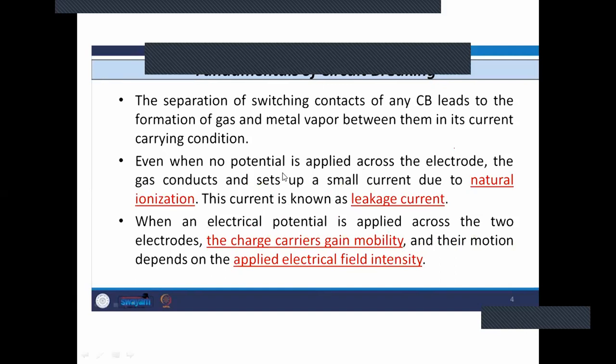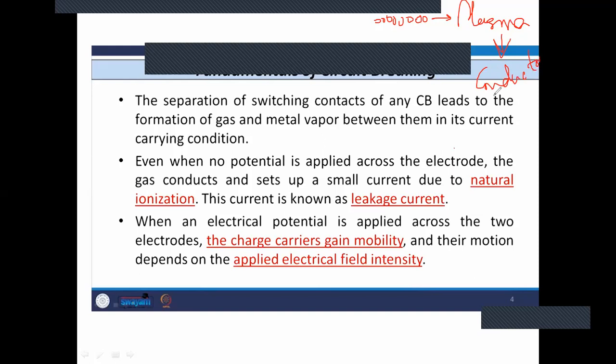Even when no potential is applied across the electrodes, the gas conducts and sets up a small current due to natural ionization. These metal vapors are actually the plasma, and plasma is made of ionized particles, which is the conductive part, having conductive properties.